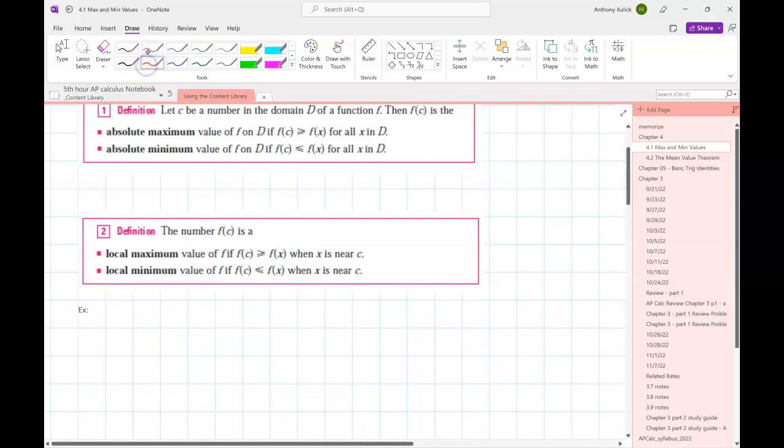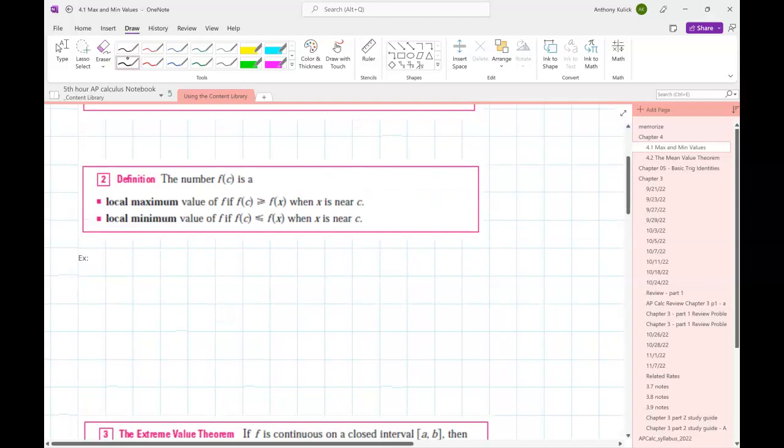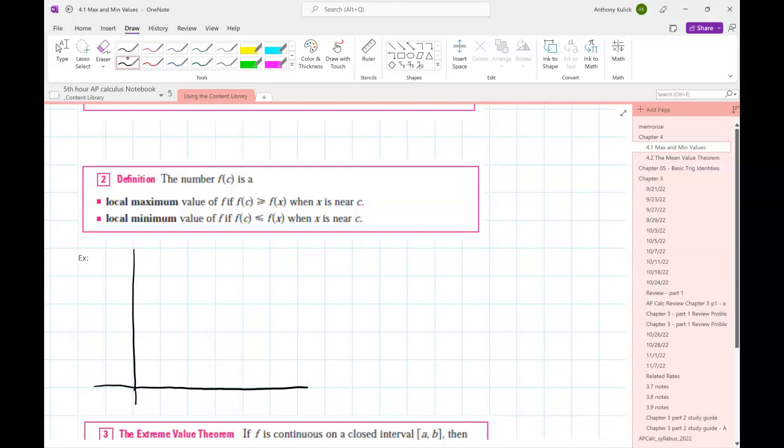Just to see a little illustration of what we mean, let's take a look at a picture. Here's an x and y axis, and maybe we have something like this.